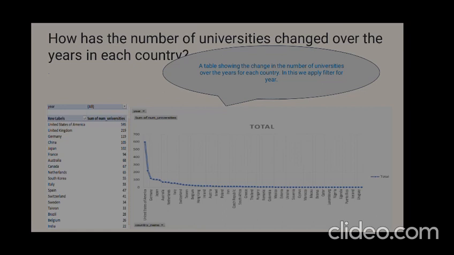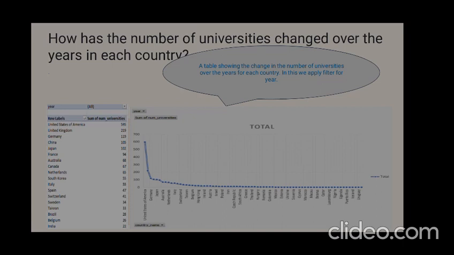In this I use the year in the filter column, and in row labels I use the country name, and in another row I use the number of universities. A table showing the change in the number of universities over the years for each year.